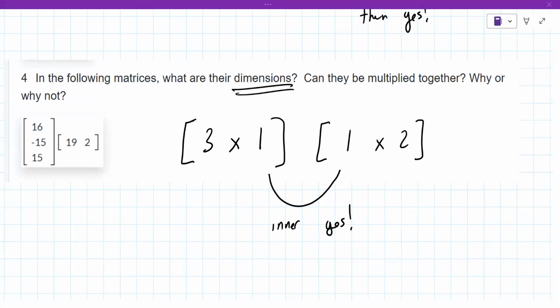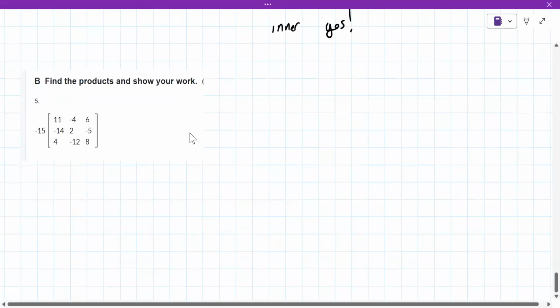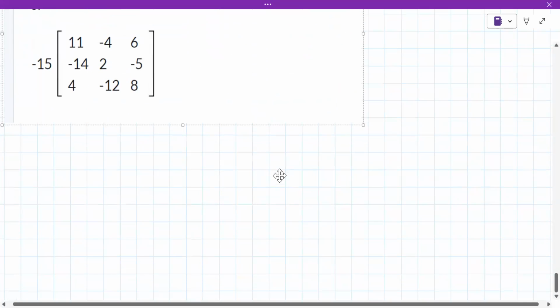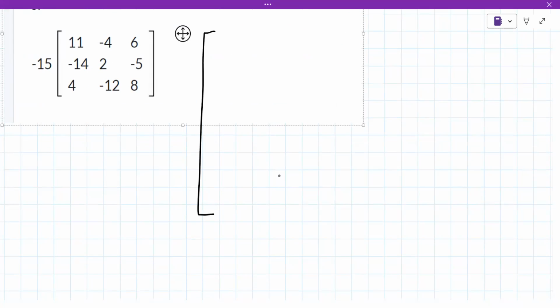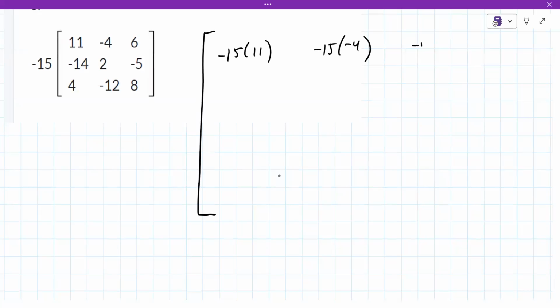Okay, so number 5 is really similar to what we've already done here. It's a multiplication. You've got to show your work. So you have to show multiplying every single thing by minus 15. So it's a lot of writing and then a lot of calculating.